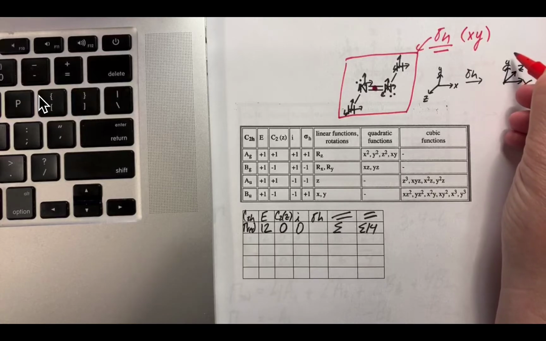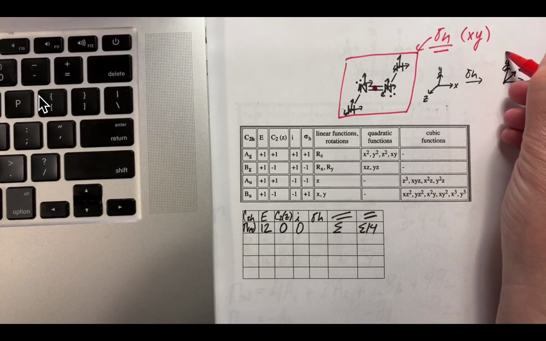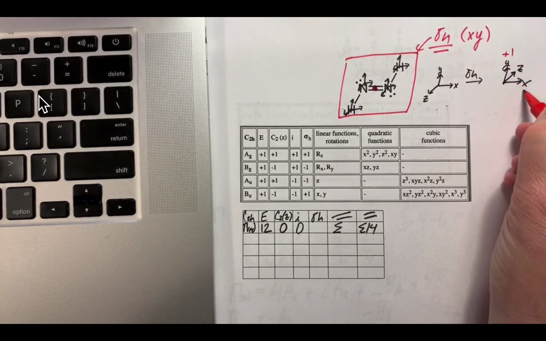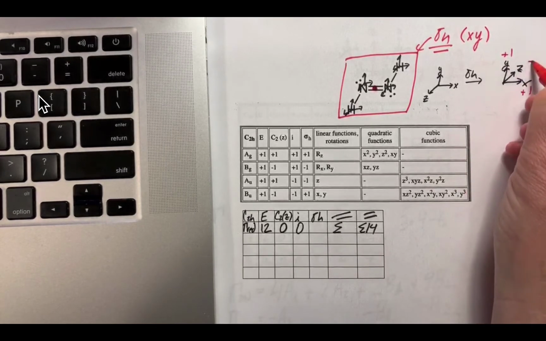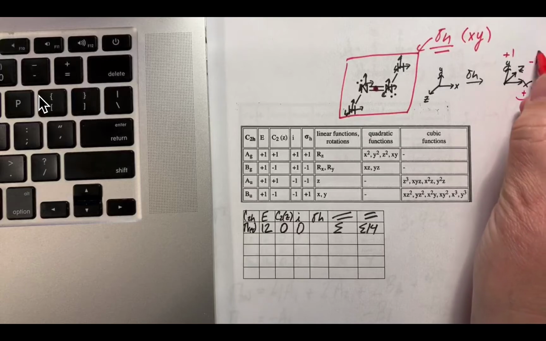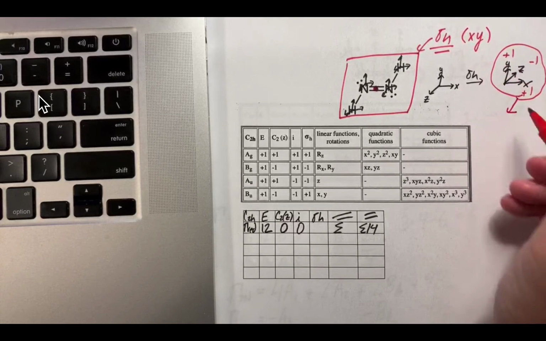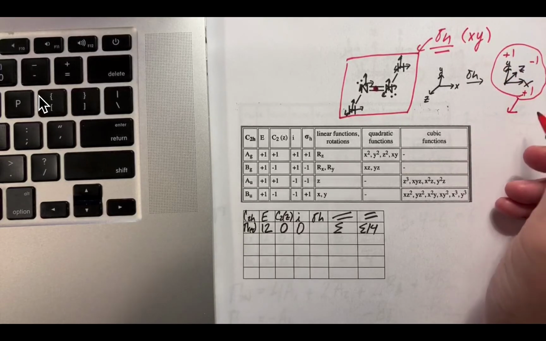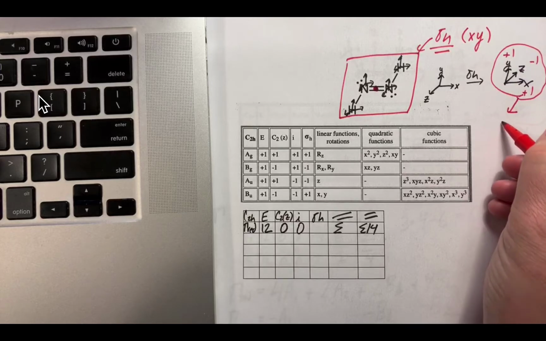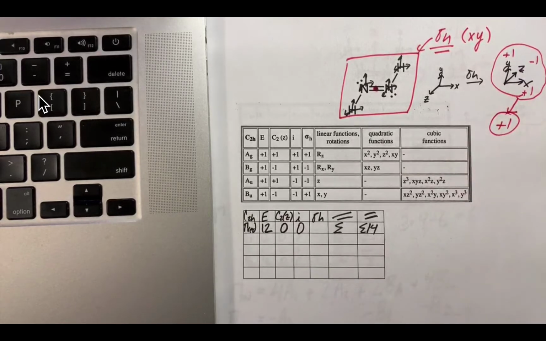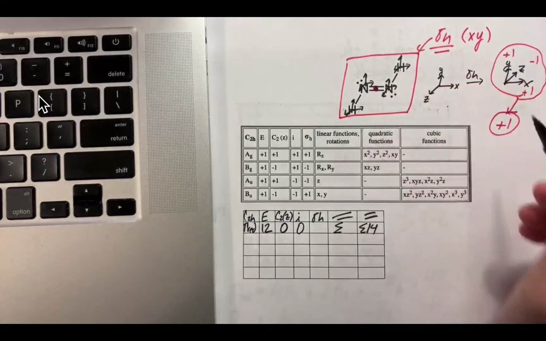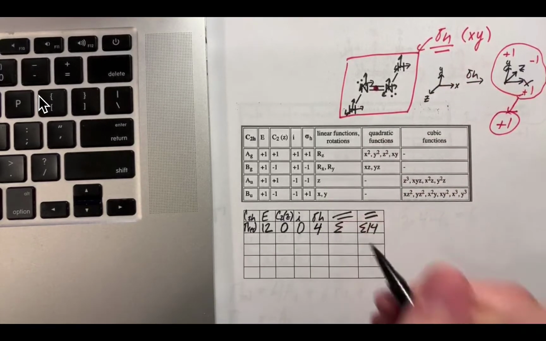And this is the case for any mirror plane. For any atom that's left unshifted, +1 from one of the axes, +1 from the other axis, and then -1 from the third axis. So always, for any atom that's left unmoved, the vectors on that atom give a total character of +1. All right, again, there's 4 atoms, so 1, 2, 3, 4. 4 times 1 gives me a 4.